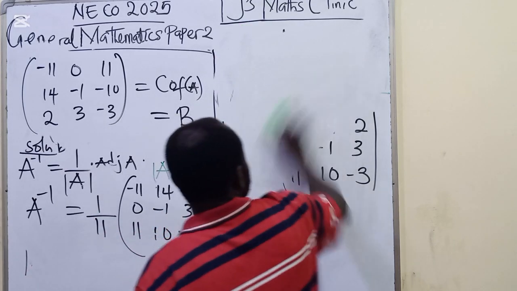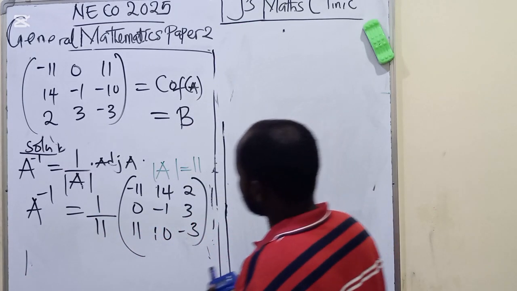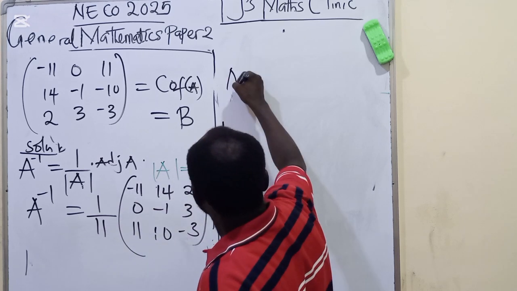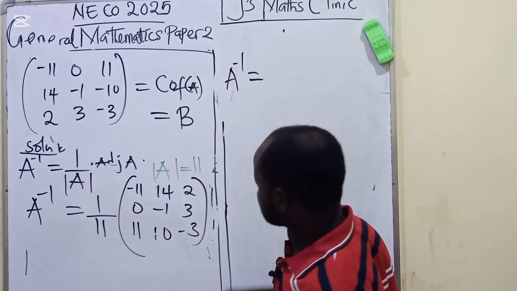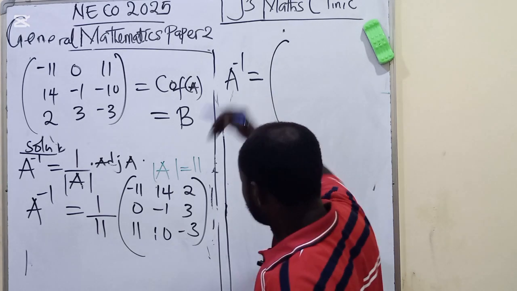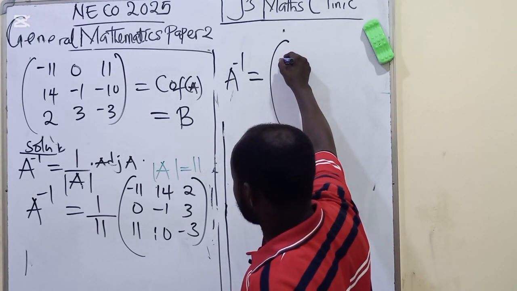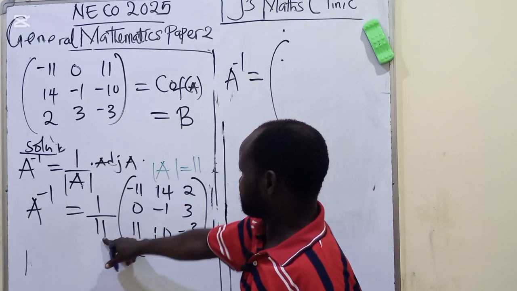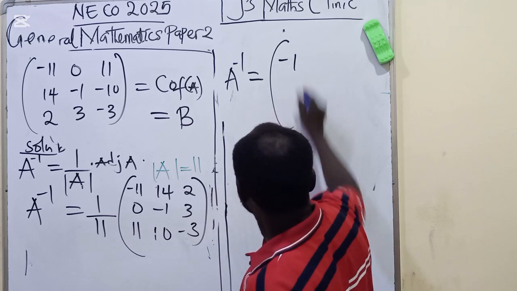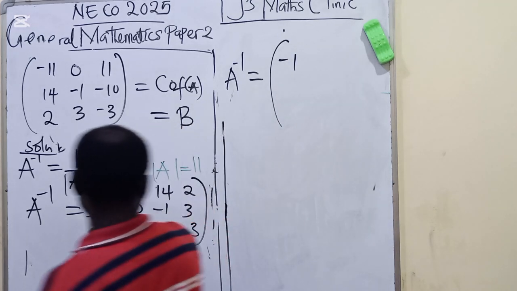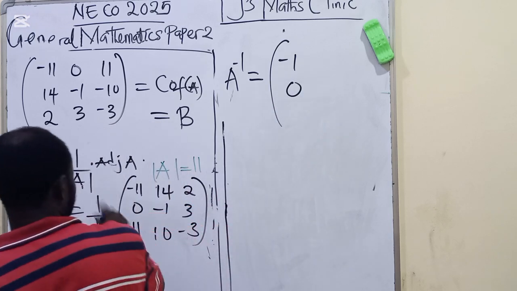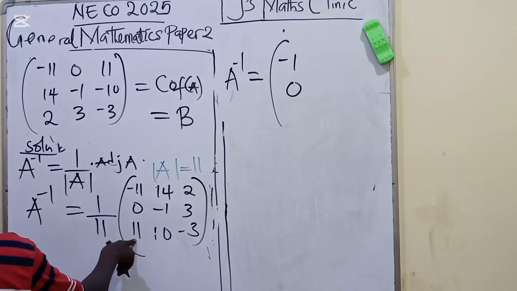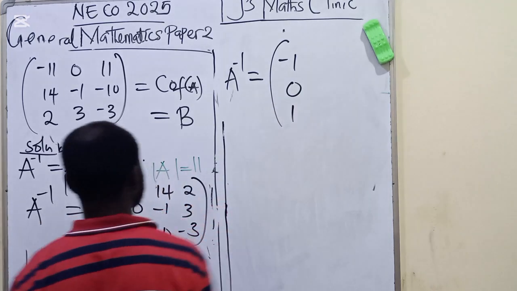So let's distribute that 1 over 11 now. The inverse of A now will be 1 over 11 times minus 11. Of course, that will be minus 1, because minus 11 divided by 11 will be minus 1. 1 over 11 times 0, of course, will be 0. 1 over 11 multiplied by 11 will be 1.